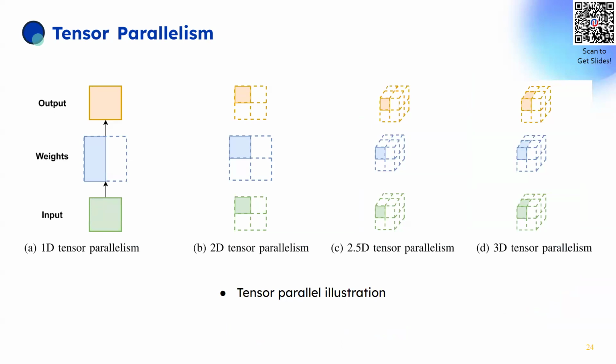So here is just the idea for 1D, 2D, and 3D. For this lecture, we just focus on 1D. Probably 1D is enough for today. You can check Megatron, DeepSpeed, even when you train a model like GPT-3 or OpenAI, they mostly use the 1D approach.